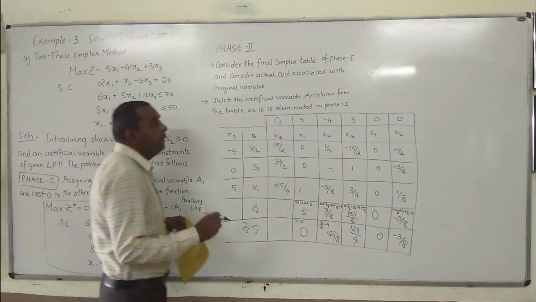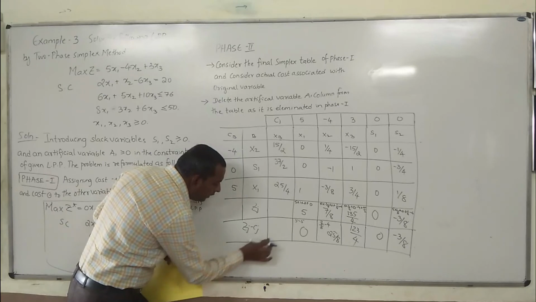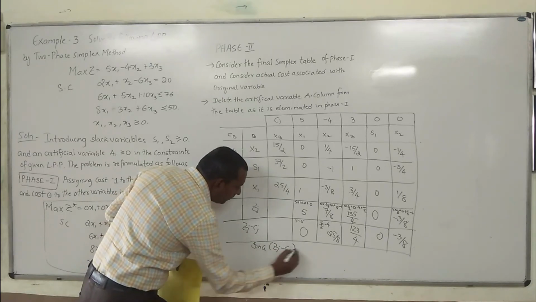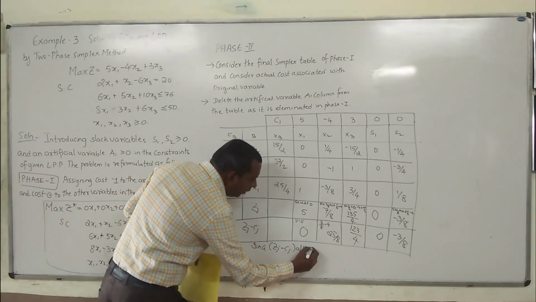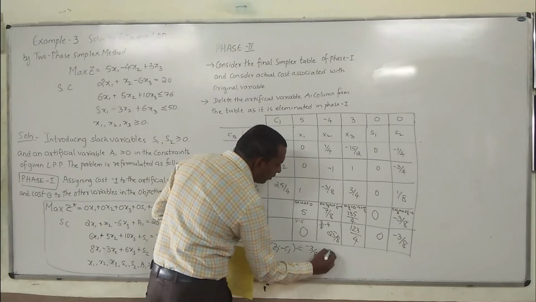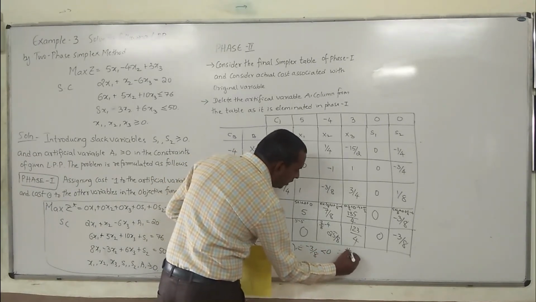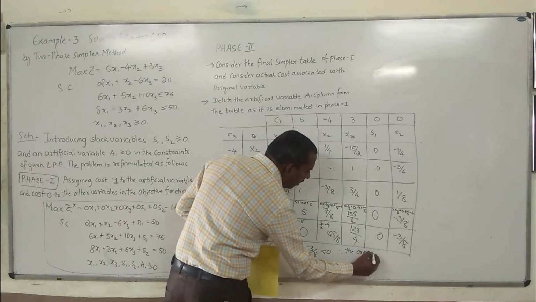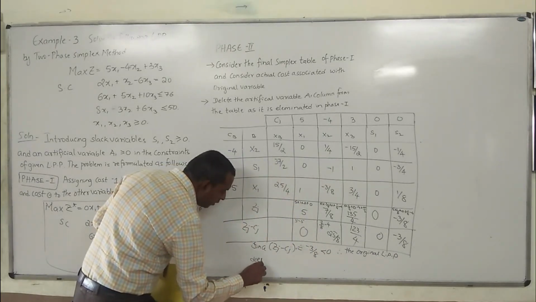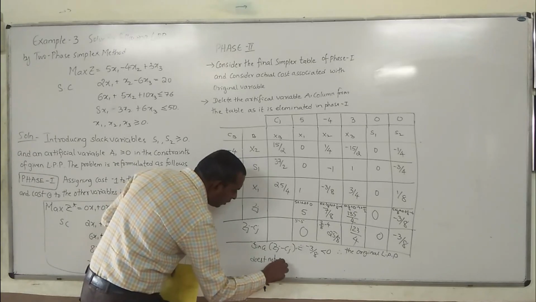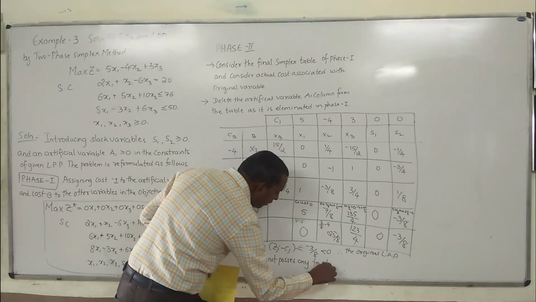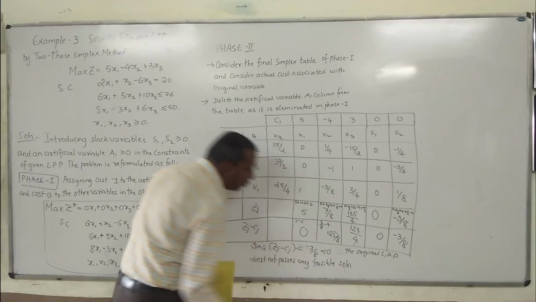So the given LPP, since all Cj that is equal to minus 3 by 8 is less than or equal to 0, therefore the original LPP does not possess any feasible solution.